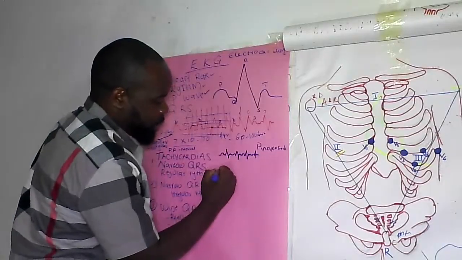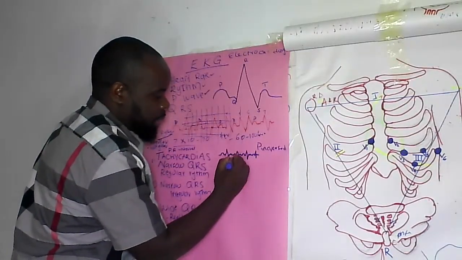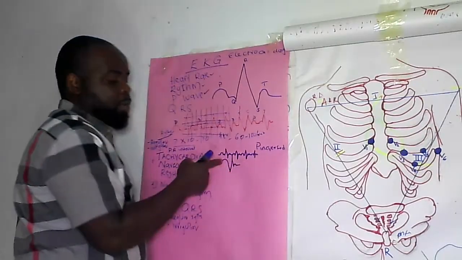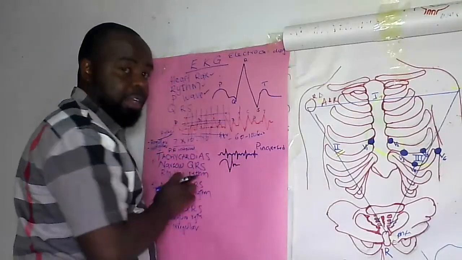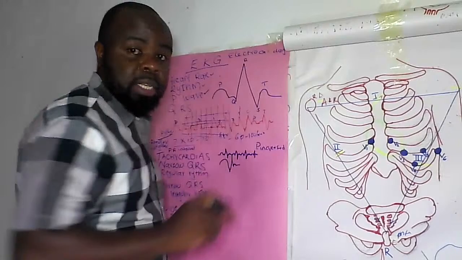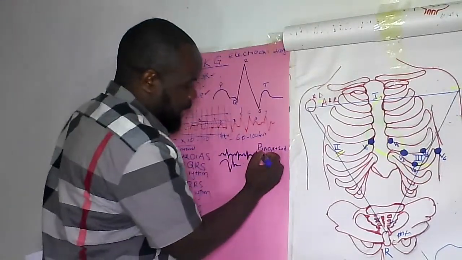The P wave is longer than the others. In the lead that you have placed, you check on that paper. If lead 2 is increased, you know the P wave is increased. And then in AVR, the P wave is decreased.